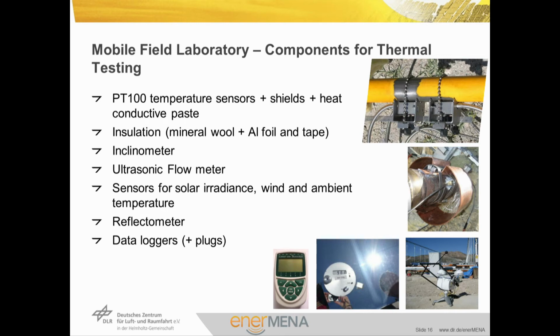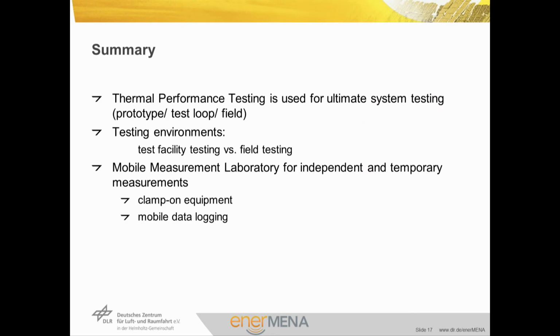A clamp-on inclinometer, a clamp-on ultrasonic flow meter, a mobile high-precision irradiance station, and sensors for wind and ambient temperature, a portable reflectometer, and a set of mobile data loggers. The sensors and their measurement principles will be discussed in more detail in the units 3 and 5 of this block. So this unit can be summarized as follows.